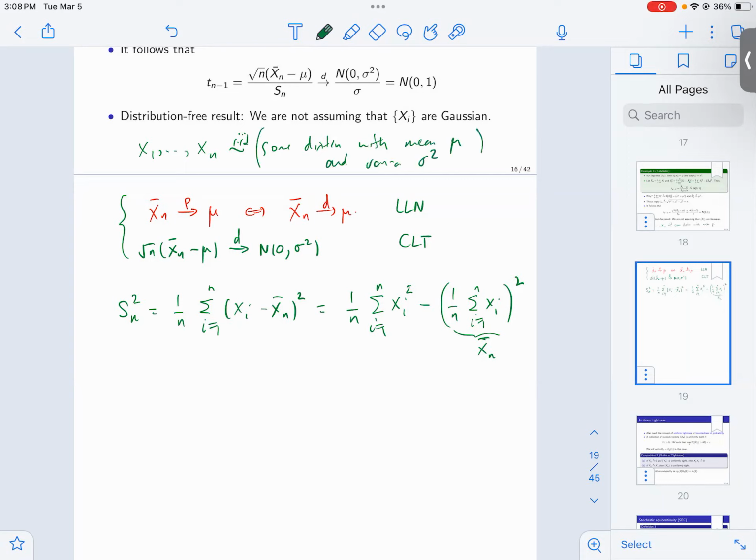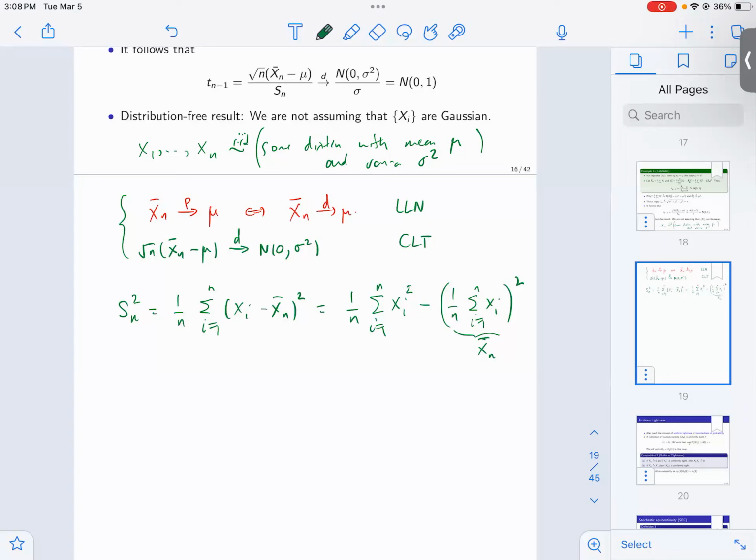That's all I know. We know X̄n is consistent for the mean, and we want to show consistency for sigma squared. How can I use those properties to argue? Yes, the term on the right is going to converge to mu squared. Which one? This one? Yeah.